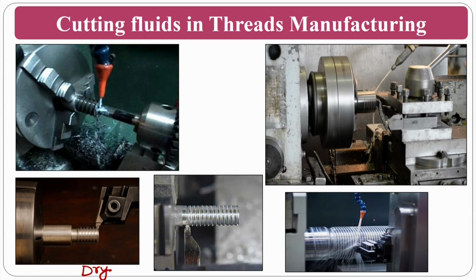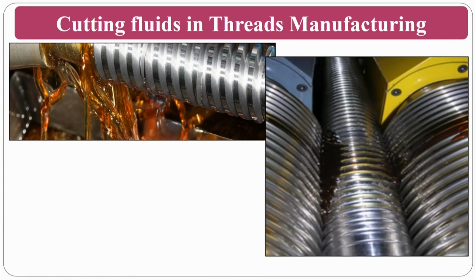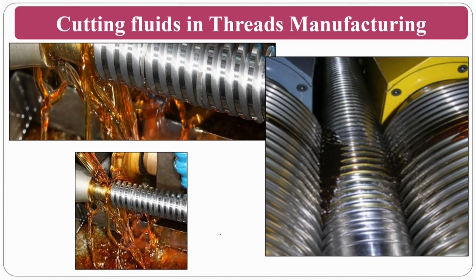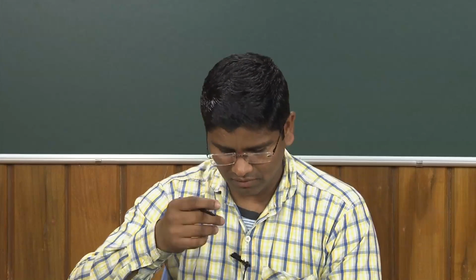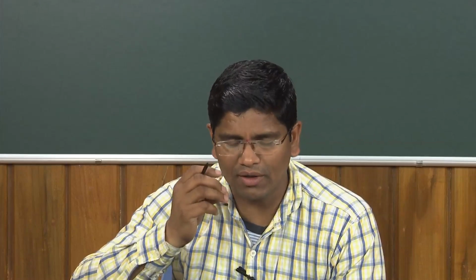So this is flood cooling type, and I said mostly this is the lubricant type of thing. In most of the cases, if you see the thread rolling process, you have seen cylindrical, flat die and all those things. In case of thread cutting also, you will use the pure type of lubricant.